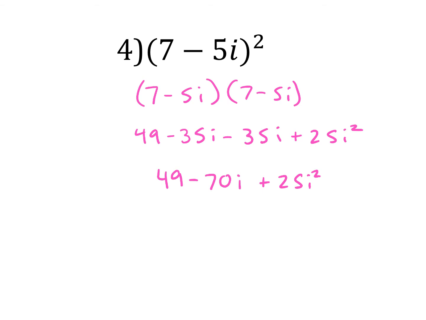What else can I do? Awesome. This i squared gets changed to -1. And what's -1 times 25? Negative 25. So I'm going to change this to a negative 25. Do I have any more like terms I can combine? 49 minus 25 would be what? 24. So I have 24 minus 70i.